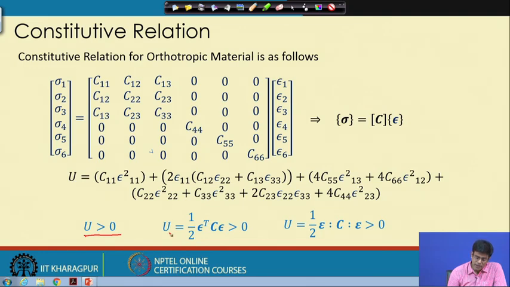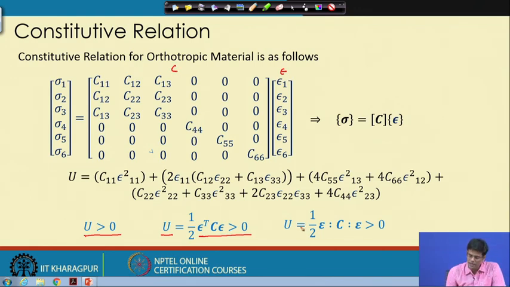Now we know the form of the strain energy, which is half of epsilon transpose C epsilon, in the vector format, the Voigt notation, where epsilon is this vector and C is this matrix.